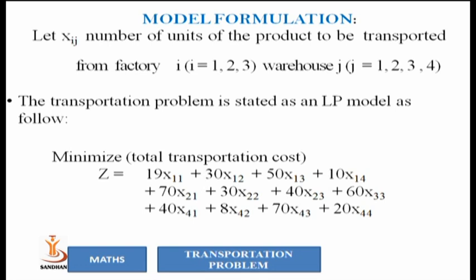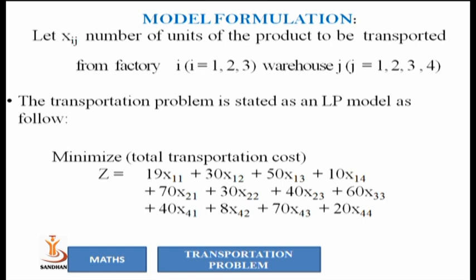Here, let Xij be the number of units of the product to be transported from factory i, which can be anything out of 1, 2 and 3, and warehouse j, where we have 4 warehouses 1, 2, 3 and 4. So the above transportation problem is stated as a linear programming model as below.